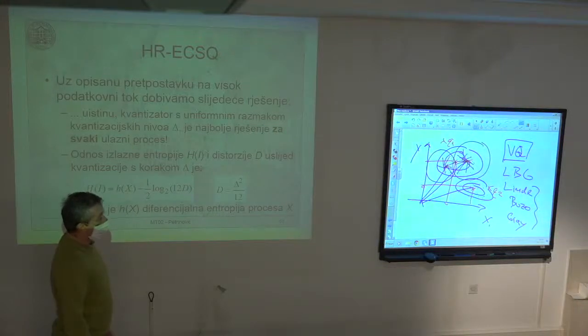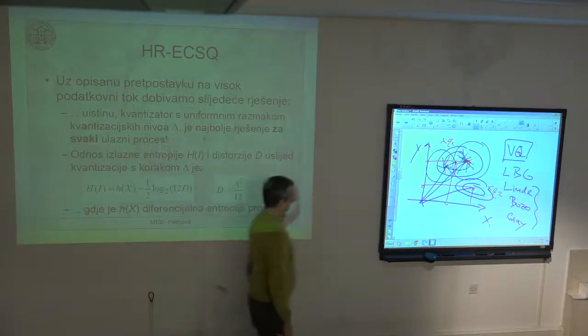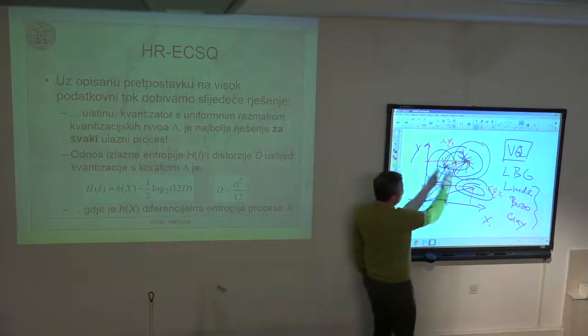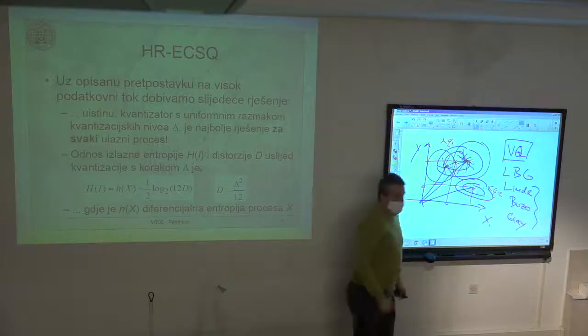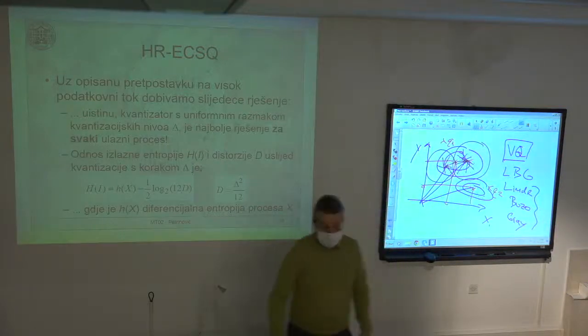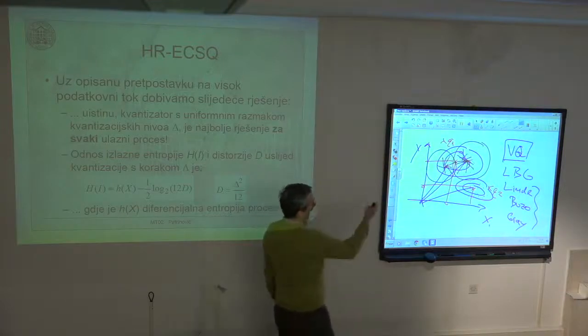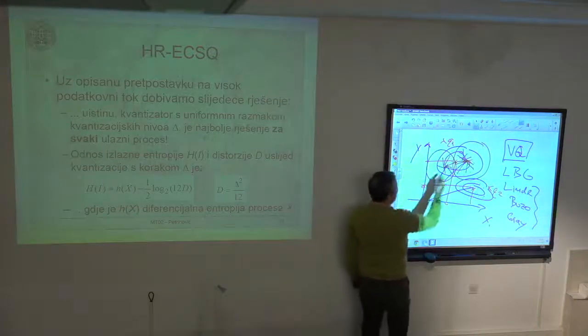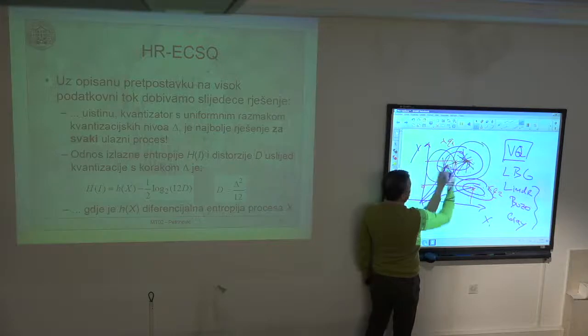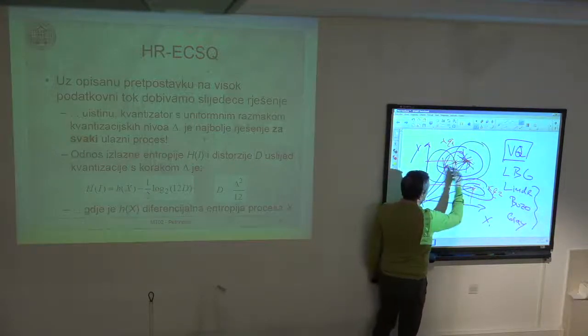This algorithm designs an optimal vector quantizer for a given process. In the machine learning context or in the computer science context, this algorithm is better known as the K-means algorithm. So the K-means algorithm is actually the same thing. So this is like three mean values. K is the number of components.